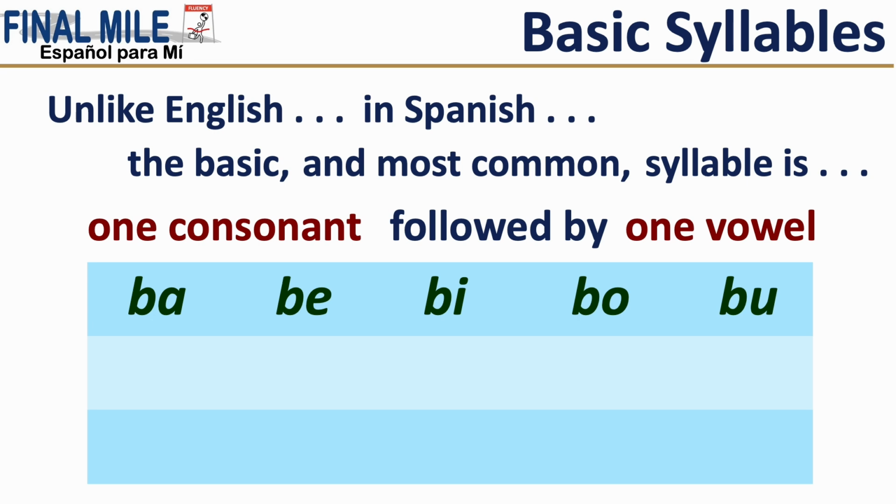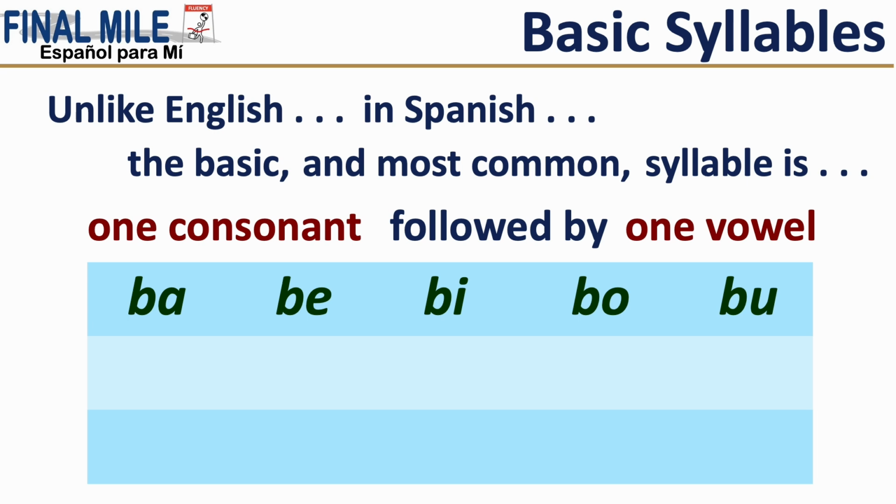First let's pronounce the vowels by themselves. A, E, I, O, U. And that is the way the vowel is going to sound in the syllable. So we have a, ba, e, be, i, bi.